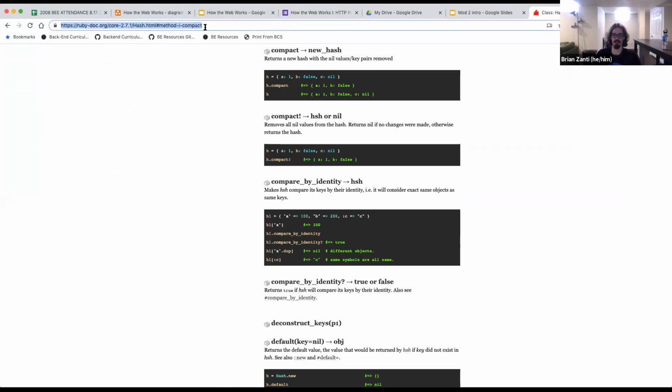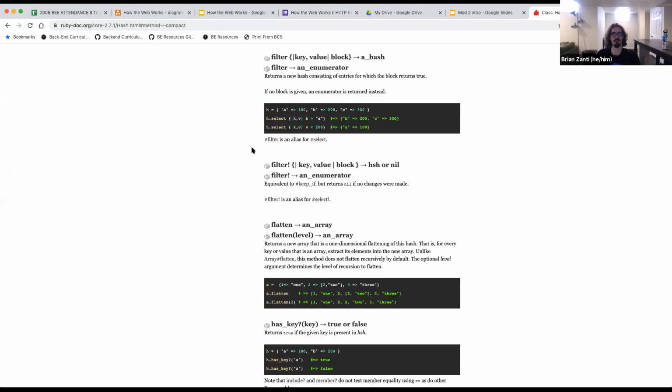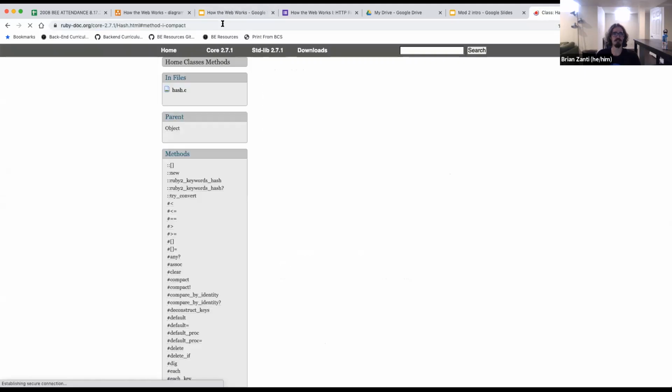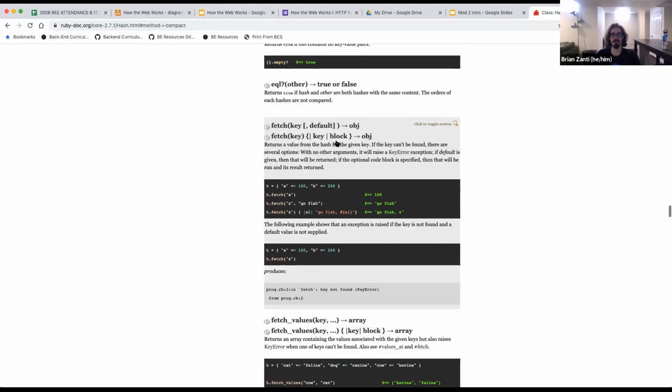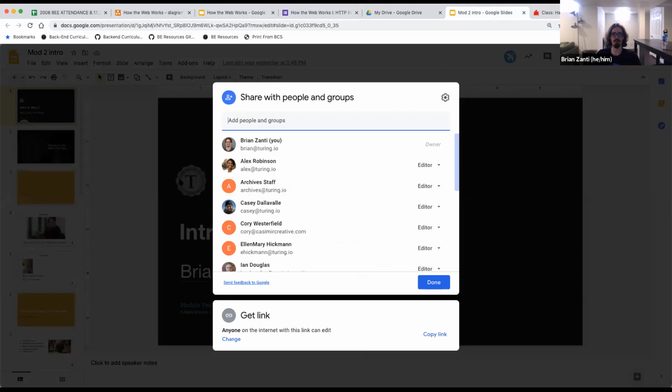If I go back to this URL and refresh this page, notice it'll go down to the method compact portion of that page. So if I scroll down and refresh, it should send me back to method compact. It looks like it's a little bit off on that. Anyway, anchor tags, not super important.